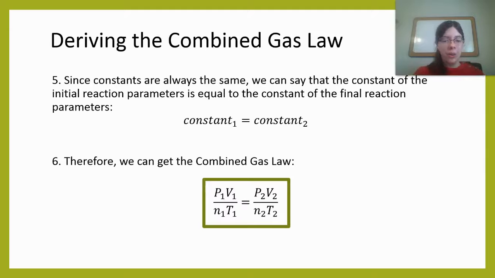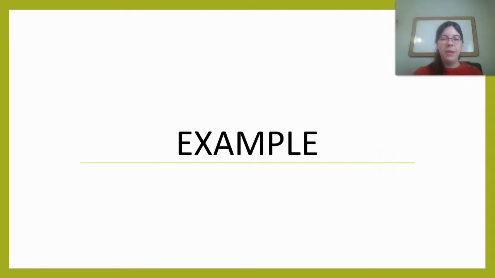P is pressure, V is volume, N is the number of moles, and T is the temperature in Kelvin. For the other variables, you can have different units as long as they are the same on each side. So pressure, remember, could be in atmospheres, bars, millimeters of mercury, doesn't matter as long as it's the same on both sides, but temperature must be in Kelvin.